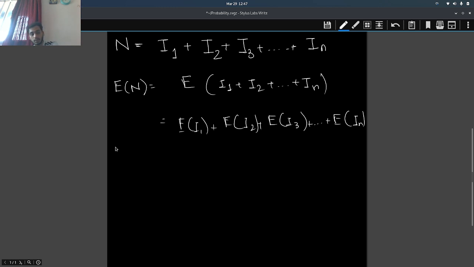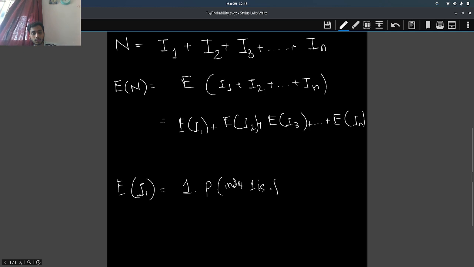Now we know that the expected value of I1 will be 1 into the probability that index 1 is fixed, plus 0 into the probability of index 1 not being fixed.